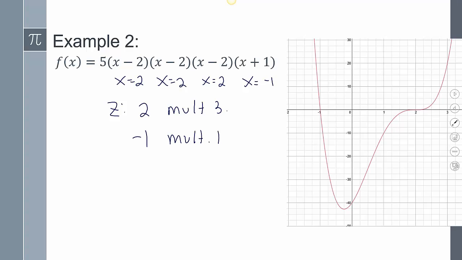I am going to mention that the way that it's crossing is different for a reason. Essentially, when your multiplicity is odd, we know it's going to cross through, but if it's 3 or higher, it's going to cross the graph at what we call an inflection point, and that creates this new swivel. Now, we're not going to spend a whole lot of time discussing that. All I need you to do is just draw that it crosses through.